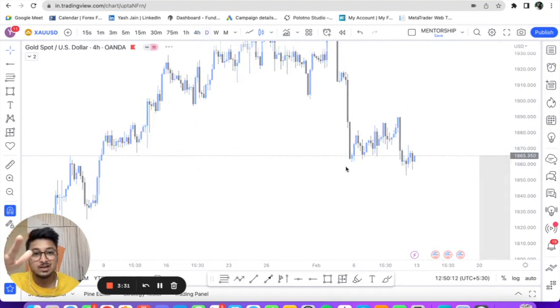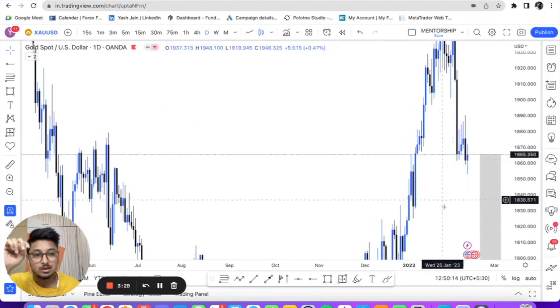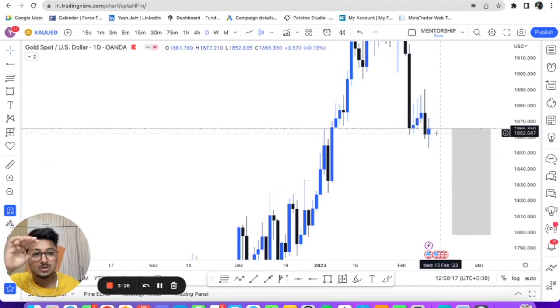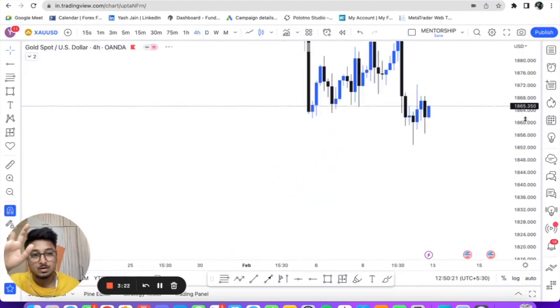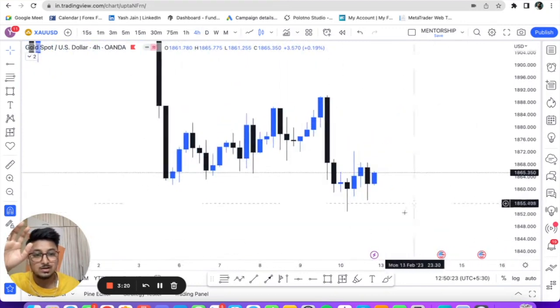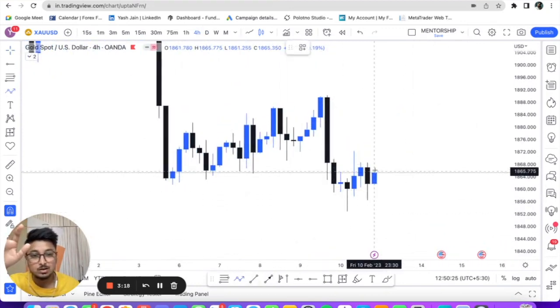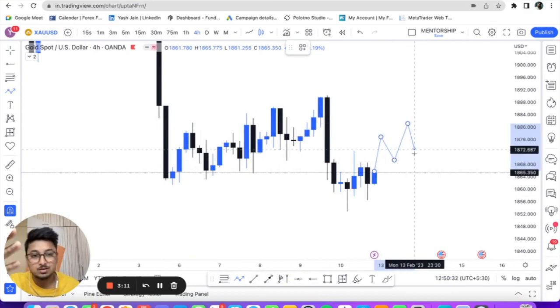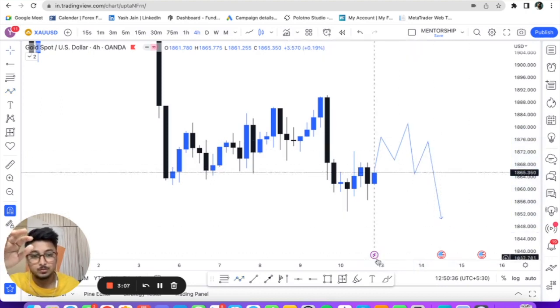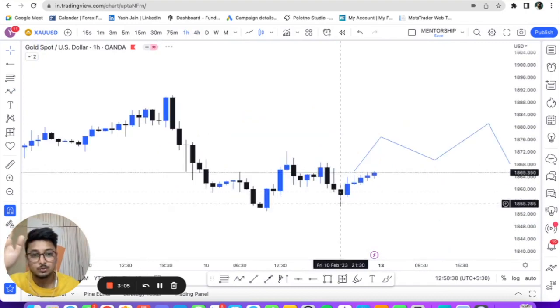So based on a daily time frame, what I feel is we most likely will have a bearish day on Monday. If not, then there is one more possibility that we can go slightly up, right? Let's say trapping buyers or maybe even sellers, and then continue dropping below. This is also one more possibility.